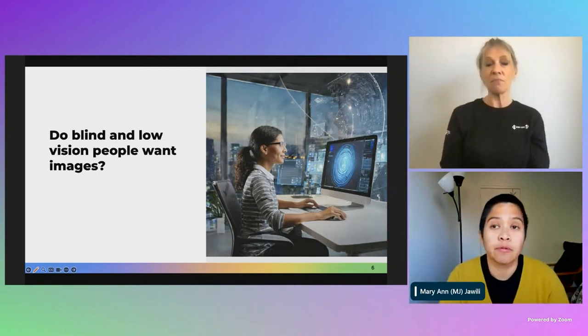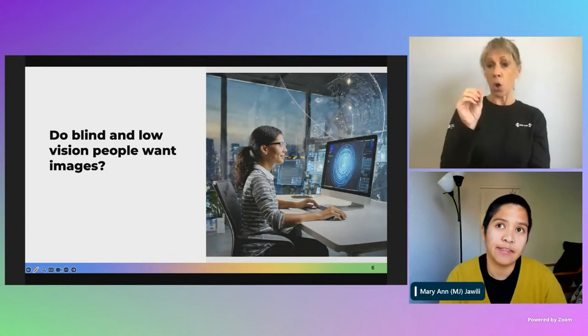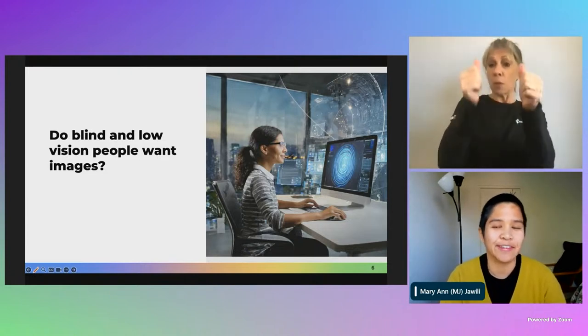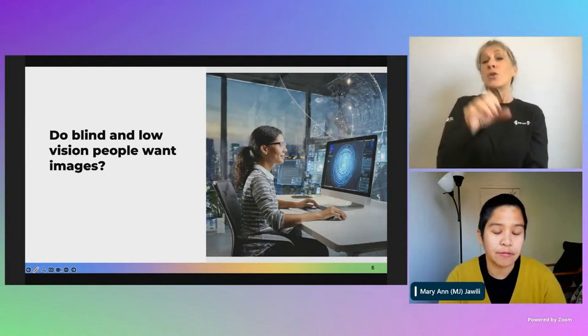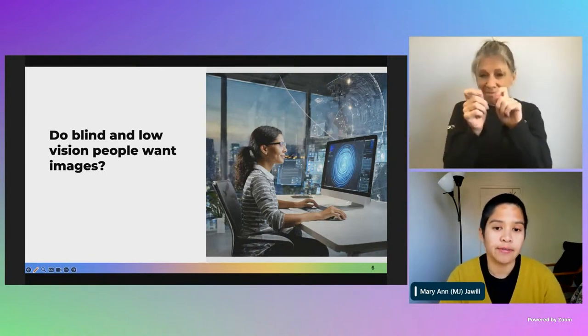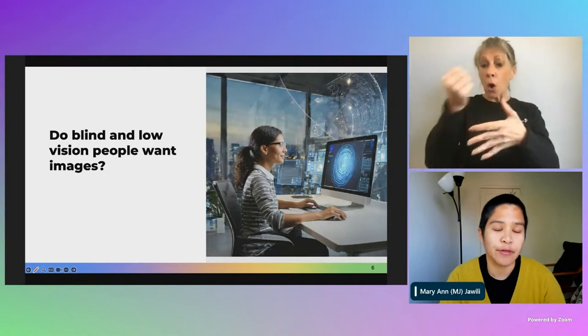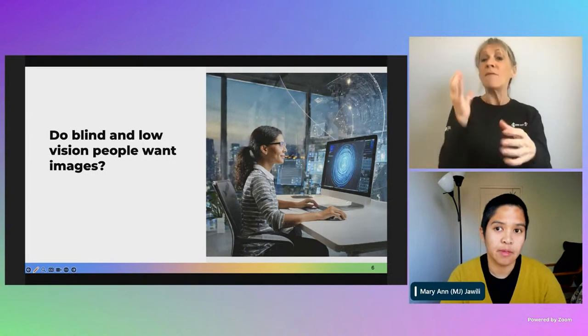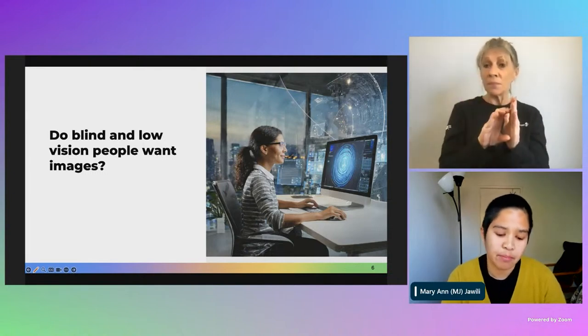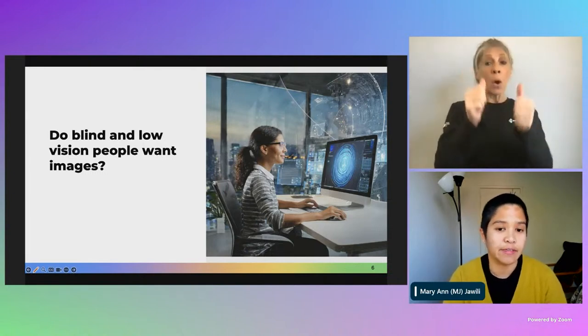Talking to one of my coworkers, he likes to post on social media, on LinkedIn, and it turns out social media algorithms will prioritize a post if it includes an image. They will prioritize that post more if it has an image than if it didn't.